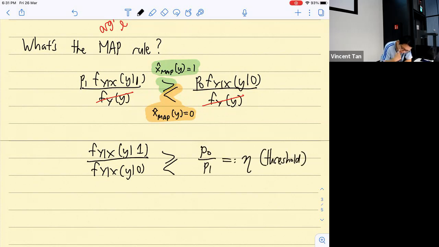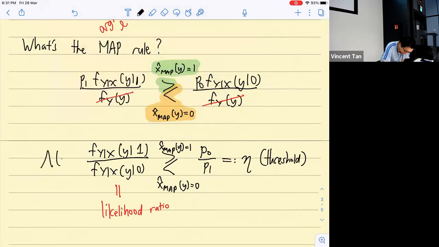On top, we decide x hat MAP of y equals 1, below x hat MAP of y equals 0. So we compare this thing, which has a very important name. I use this thing every day. It's called the likelihood ratio. Every paper of mine has a likelihood ratio. This likelihood ratio is given a very important symbol in the book, called lambda of y.